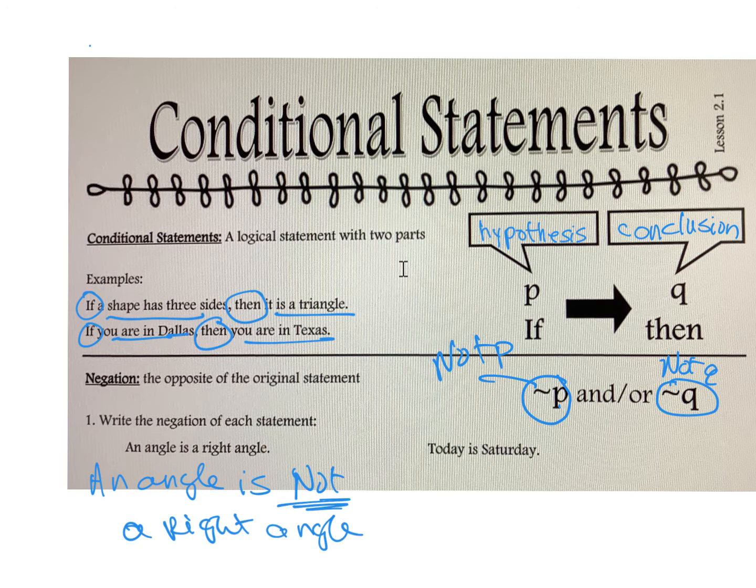So remember, we have to put the word not in there. Today is not Saturday. So we have our negation. So negate means the opposite. So you're going to put the not. And remember, two negatives make a positive. So if you have not, you can't do not.